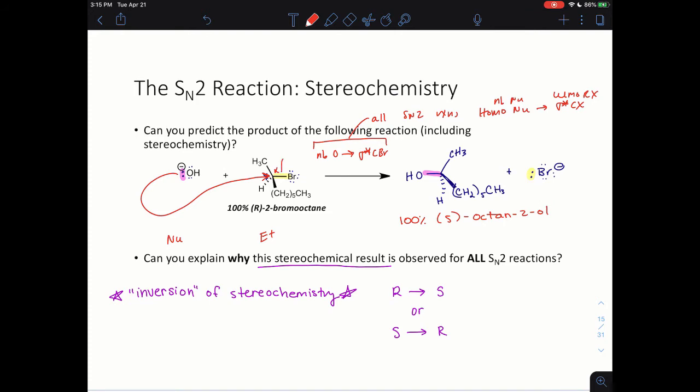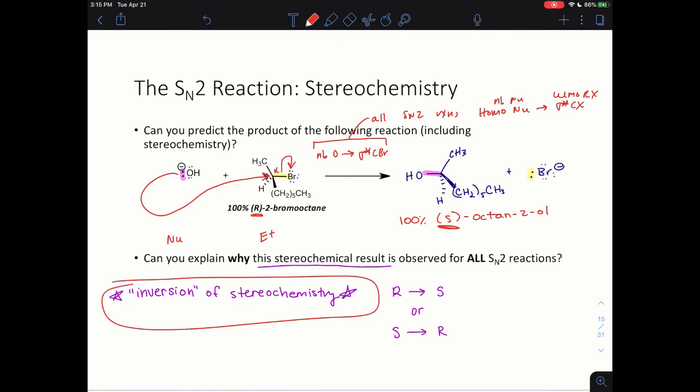Okay, and then from here, this bond breaks, and the electrons in that carbon-bromine bond are now on bromide, the leaving group. Now, if we start out with 100% R 2-bromooctane, we actually will get 100% S octan-2-ol. This is called inversion of stereochemistry.